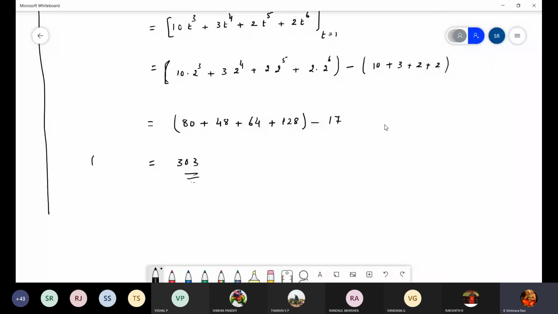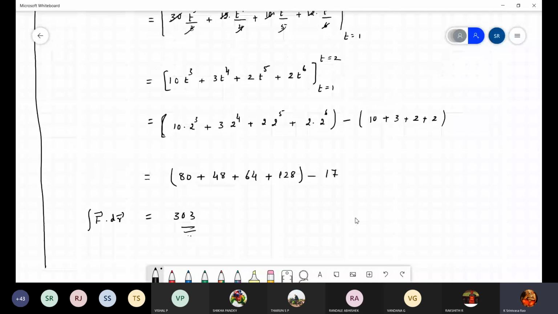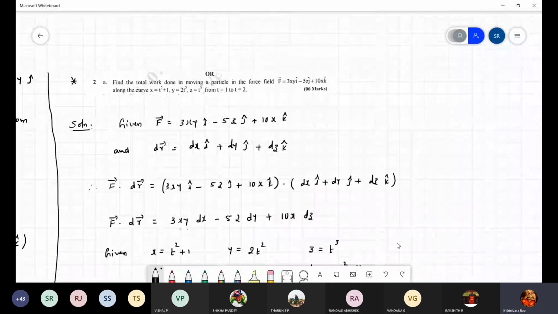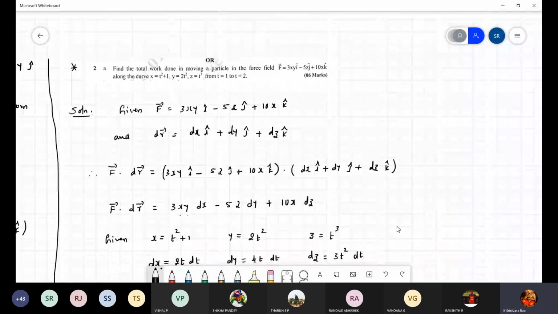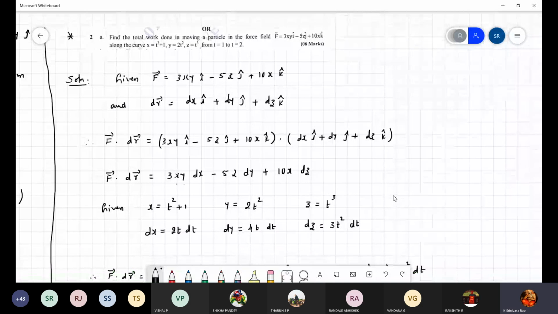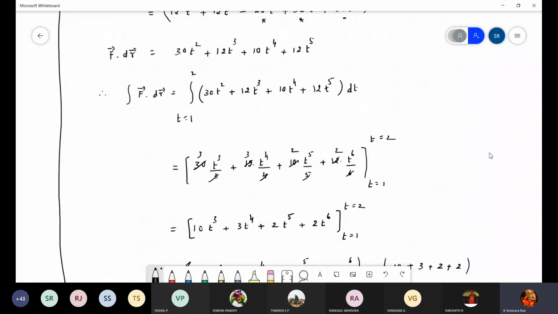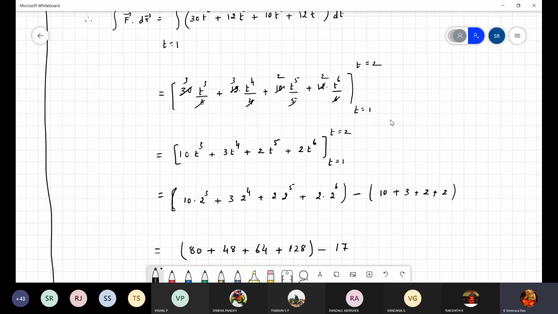Okay. So this is the integral of f dot dr. So just you can conclude what is the question. It is asking application, no? You should find the total work done. Therefore, the total work done of a moving particle is equal to 303. What is the unit of work? Joule. Yes.